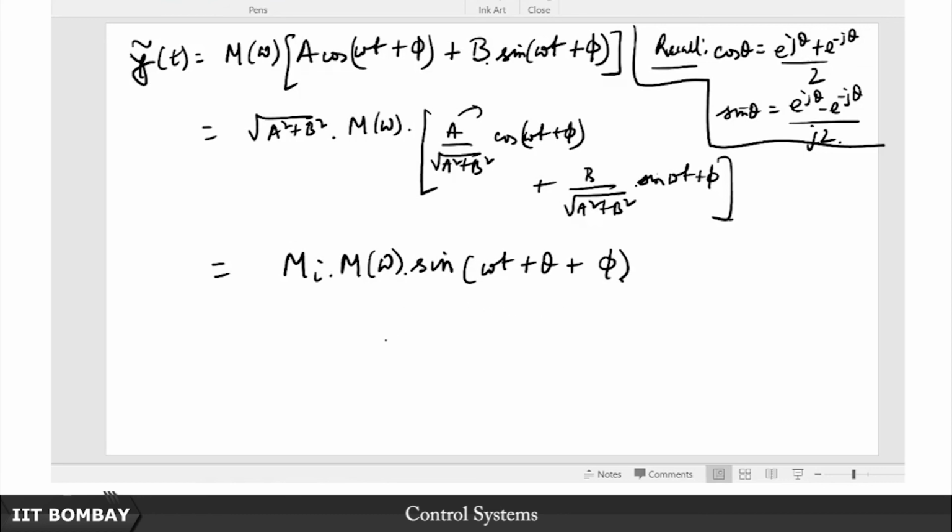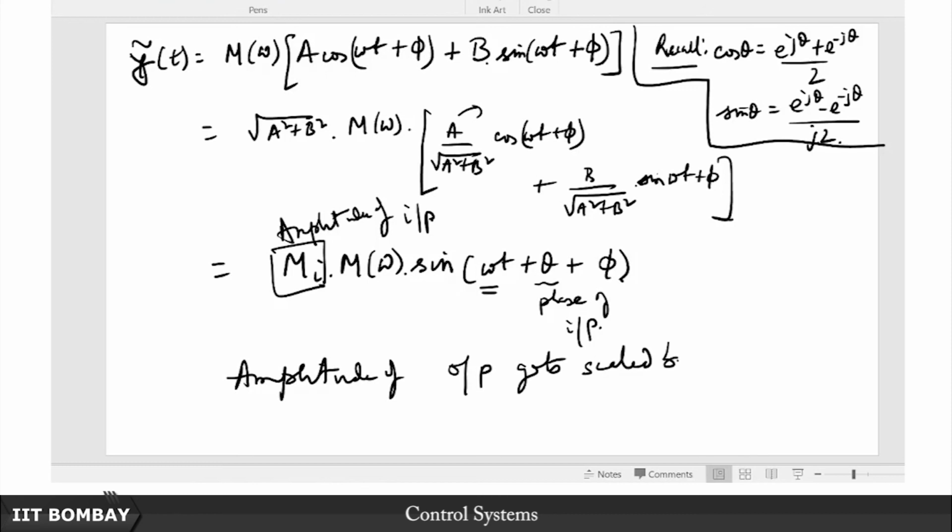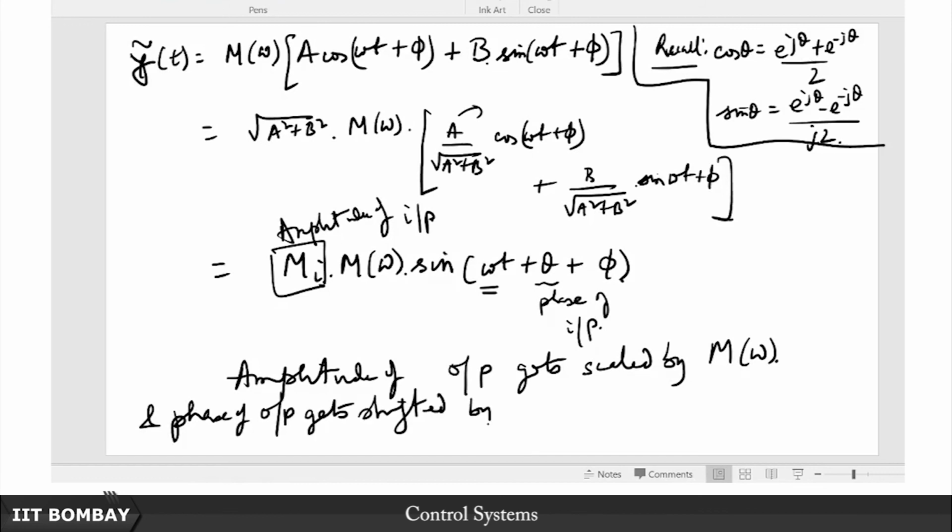So here I have established what I set out to prove, or what I claimed initially, which is that if you give a sinusoidal signal of amplitude m_i, so this is the amplitude of the input, and which had an initial phase, so this was the phase of the input, then at the output I get another sinusoid of the same frequency, except that the amplitude of the output gets scaled by m omega and the phase of the output gets shifted by phi omega.